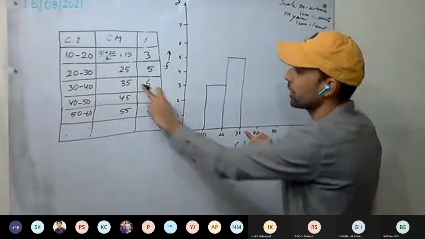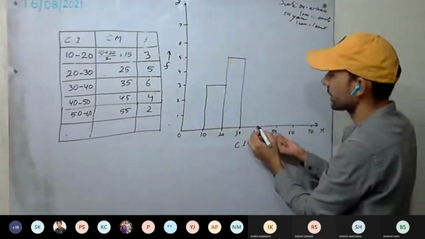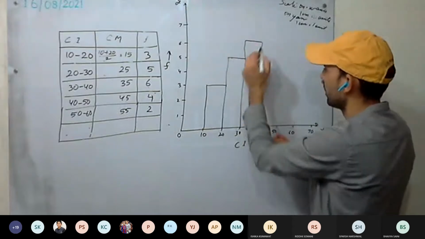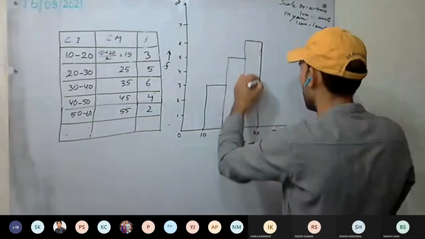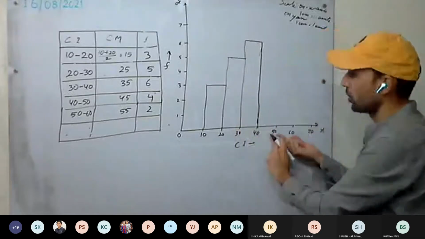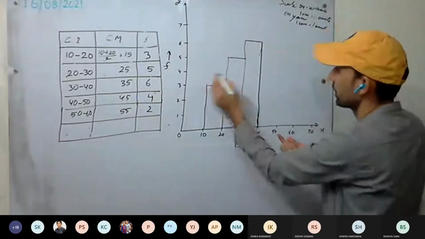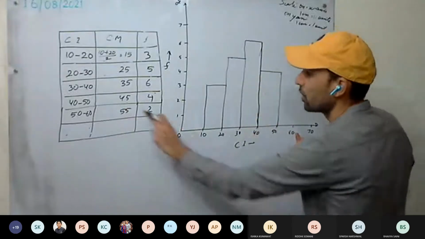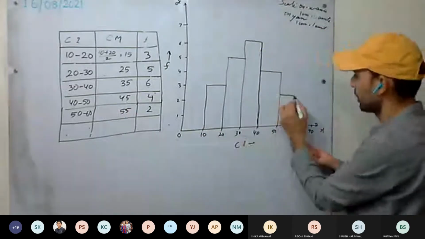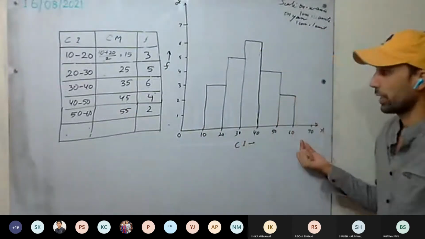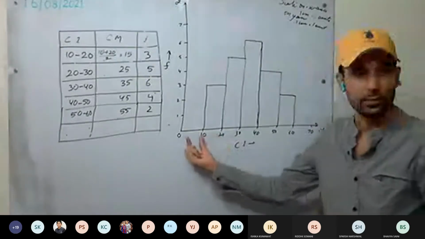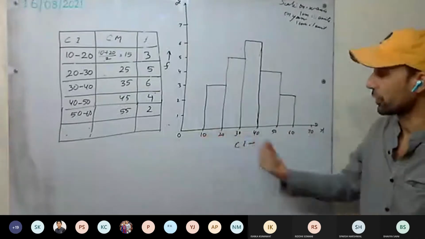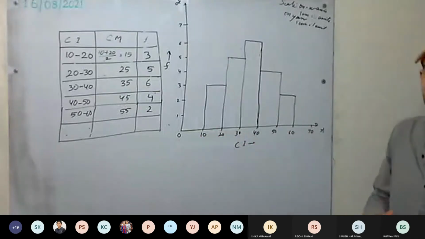With scale, you have to draw them all. 30 to 40, 6. 40 to 50, 4. 50 to 60, 2. So one class we have left before the first class and one after the last class. This we require for the frequency polygon. So the histogram we have drawn.